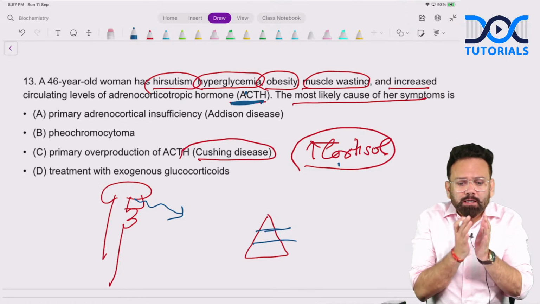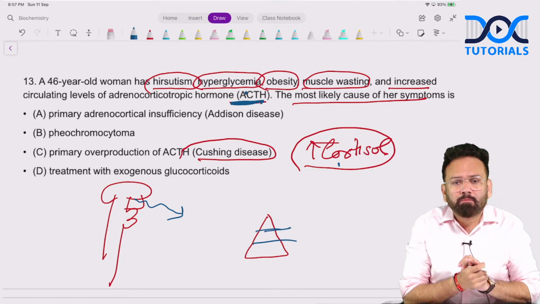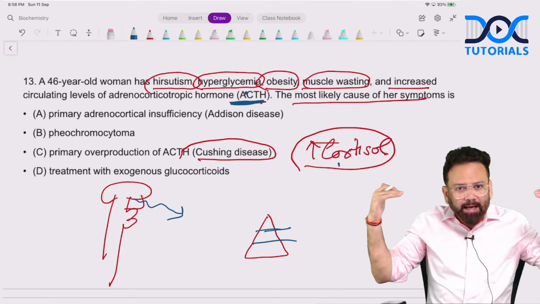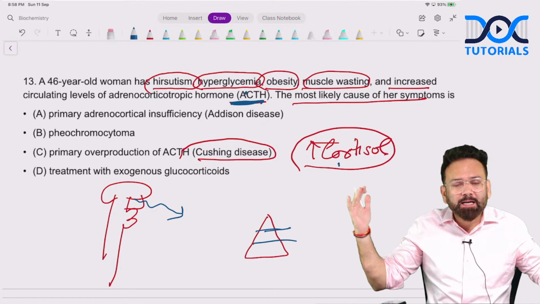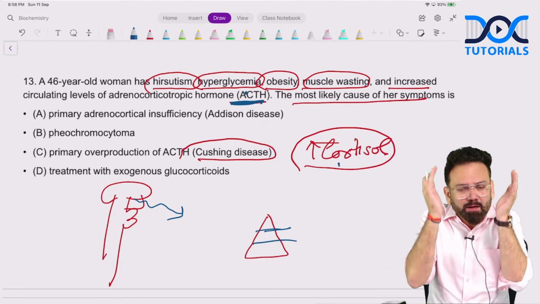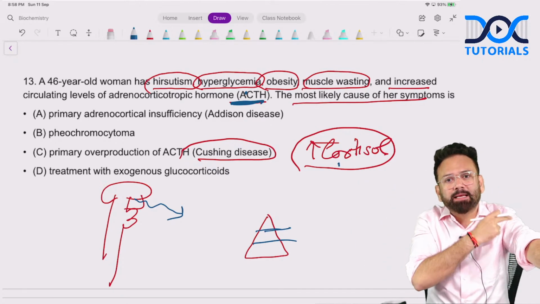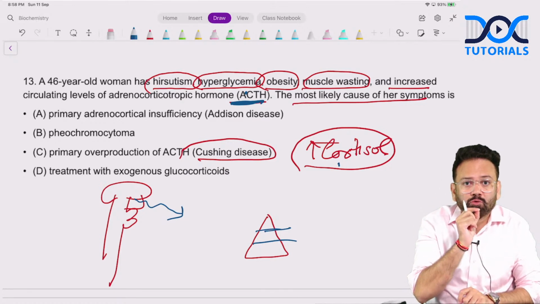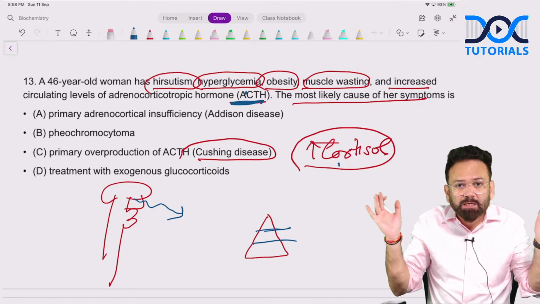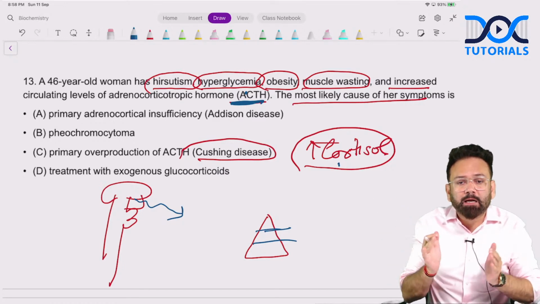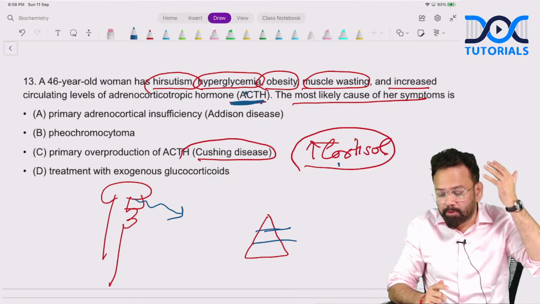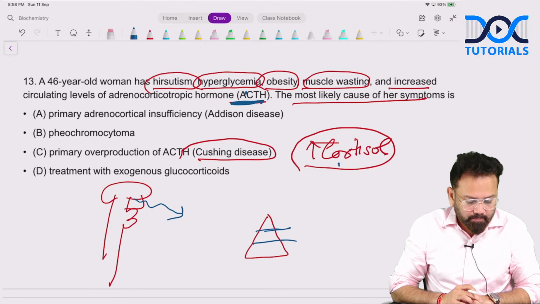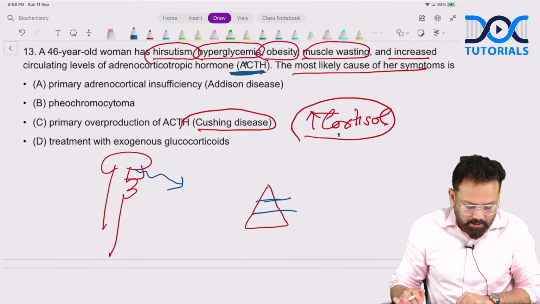If cortisol is lysing the fat, why is there obesity? The reason is that it mobilizes fat from the periphery to the center. So the central body will be obese, but the periphery will be lean and thin. Skin will be very thin. They will have purple striae also. Obesity will be central, called centripetal obesity. They have a buffalo hump on the back because of collection of fat. Yes, lemon on stick. Very good.